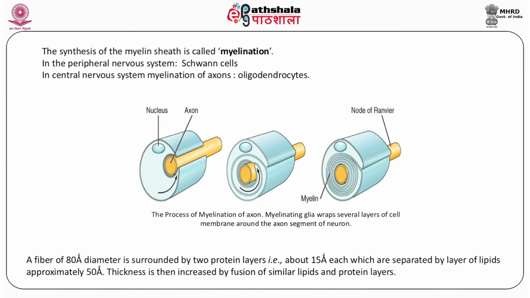So what you will find is that both protein and lipid molecules surround each other, and this forms an insulated layer that we call myelin, and the thickness of this myelin is then increased by fusion of similar lipid and protein layers.